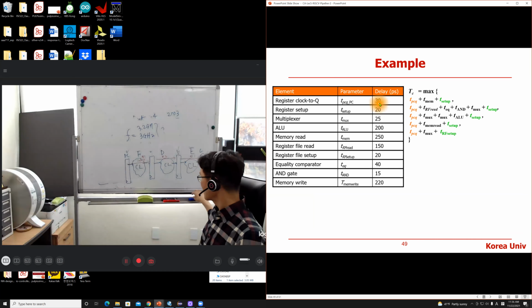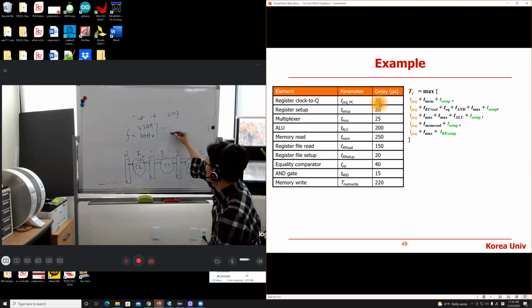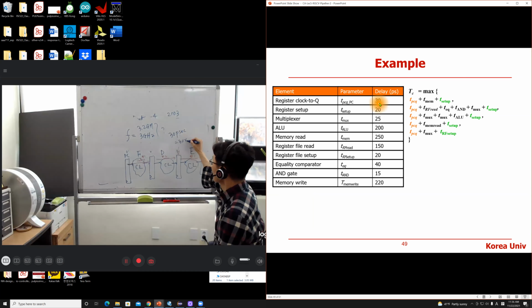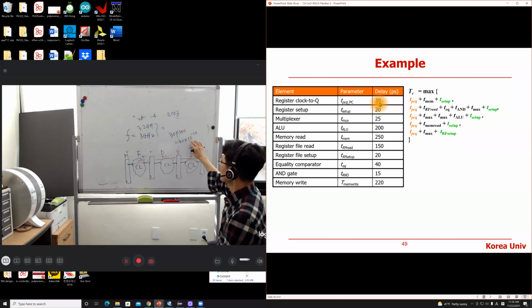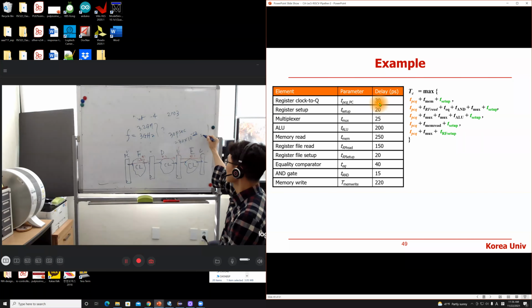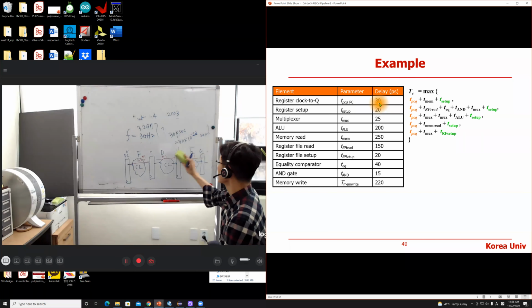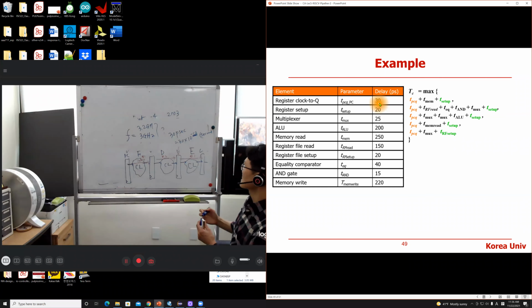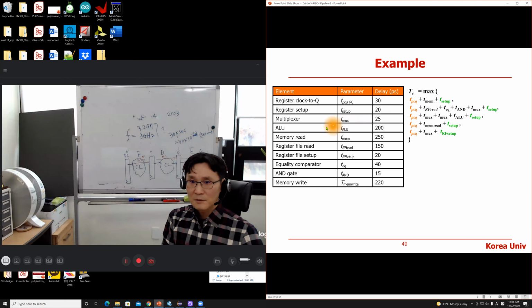Again, picosecond is what? 30 multiplied by 10 to the minus 12 second. I don't know how small it is. It's super small, right? Can you feel that second? 10 to the minus 12 second. Multiplexer delay, 25 picosecond. ALU is taking 200 picosecond and so on.